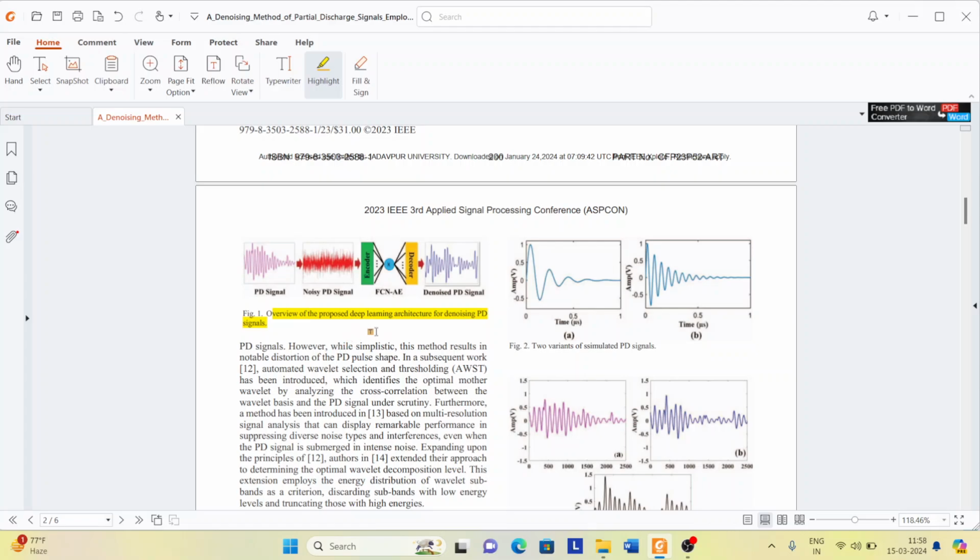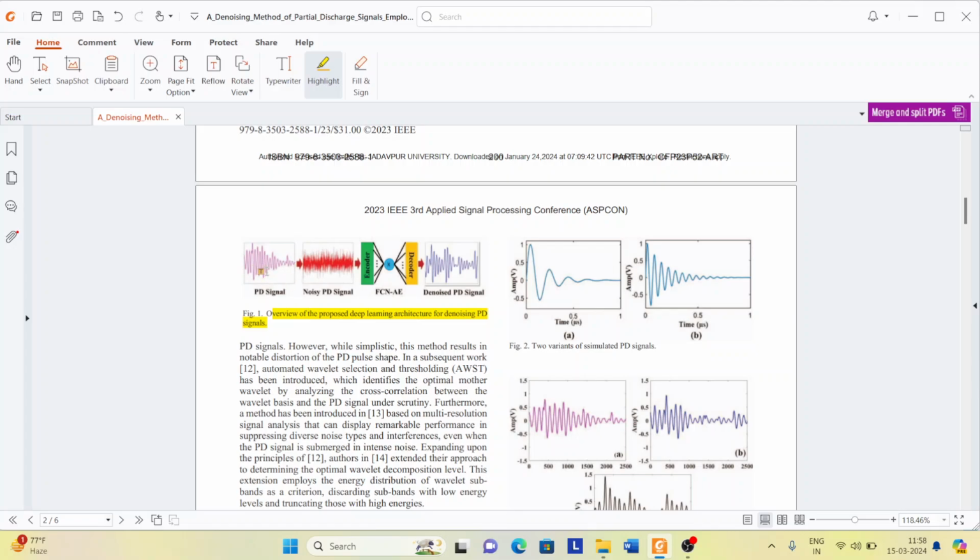So next one, this is the overview of the proposed deep learning architecture for denoising the partial discharge signals. First, from the apparatus, we have taken the original partial discharge signals. After that, we have added different SNR to make the noisy signal.